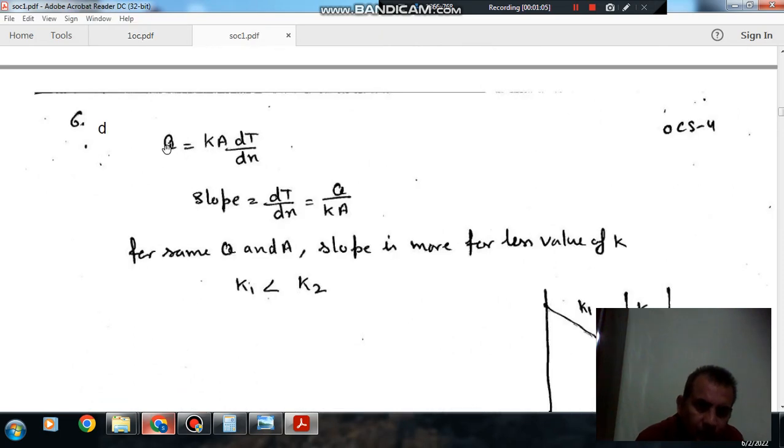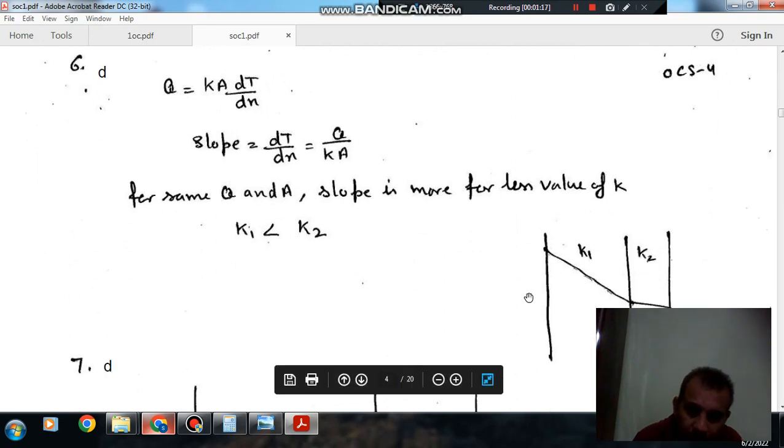So we know that heat transfer in conduction is given by Q is equal to KA dT by dx, and from this we have dT by dx is equal to Q by KA. As it is a composite wall, whichever heat enters this portion will go through the other portion also. So heat transfer is the same for both portions, and the area of cross section is also the same.